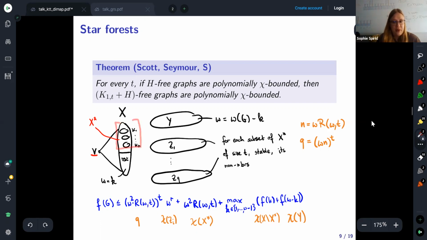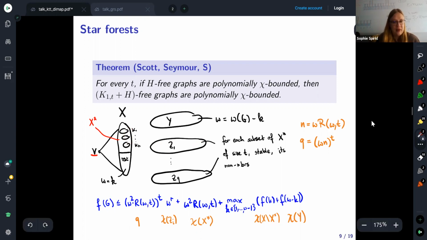So let me now choose N to be omega times the Ramsey number of omega of G and t, which is just what we need to ensure that for a vertex here, its non-neighbors there have a stable set of size t. And then for each stable set of size t here, put its non-neighbors into their own set.